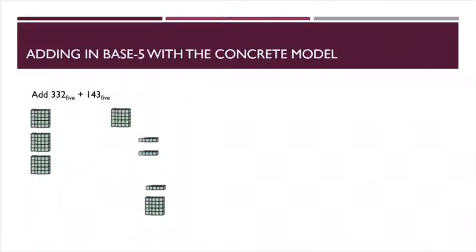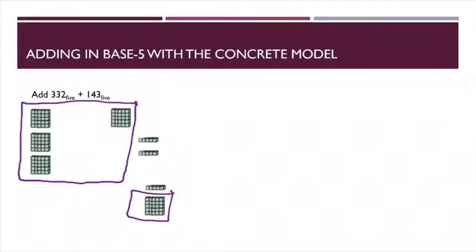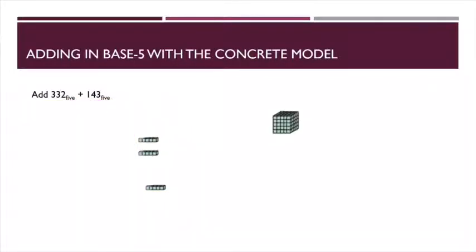And now we have 1, 2, 3, 4, 5 flats. So I'm going to combine our 5 flats into 1 block. So we end up with 1 block and 3 longs, and let's write this number in base 5. Okay, so 1 block, no flats, 3 longs, and no units.